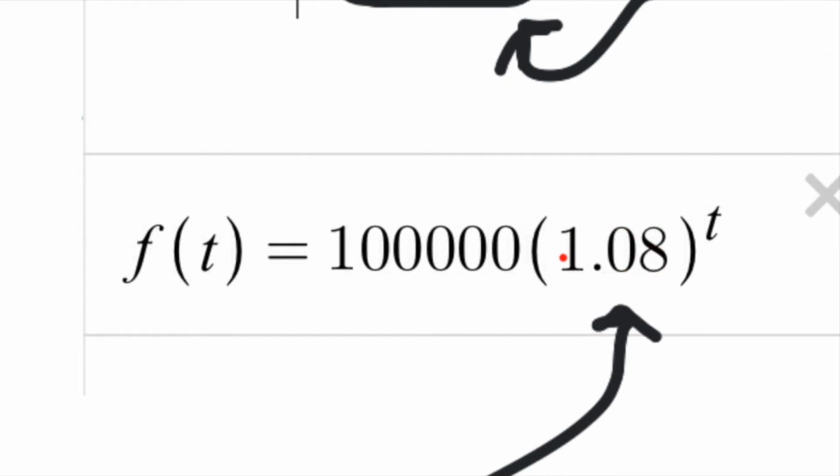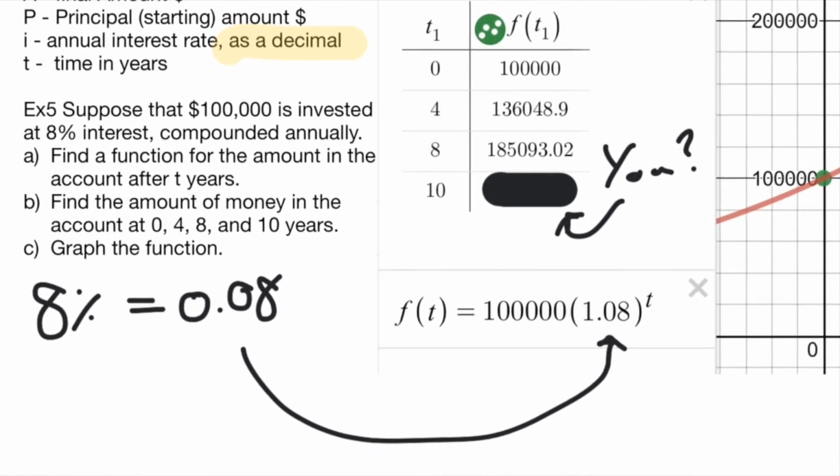That's the 8%, 1 plus 8% there. And then what we don't know is how many years. That's going to be a function. You give me the years as an input, and then calculate this, and I'll give you the output and how much money you'll have invested.